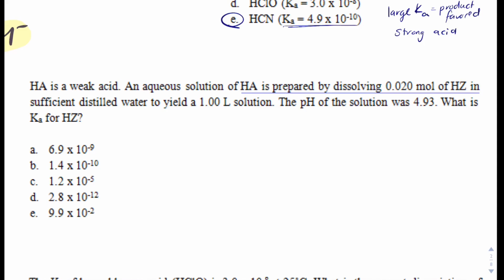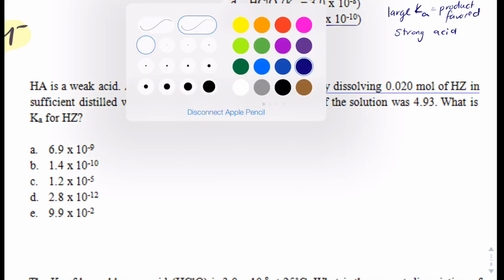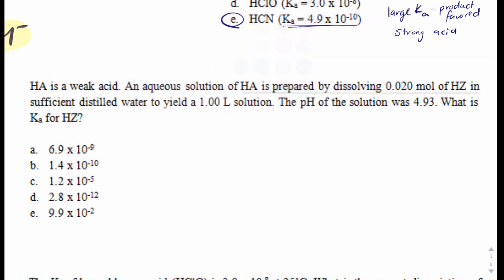Okay, so there's a typo here, but by the time that you get your paper, I will have fixed it. So this HZ needs to be HA. So we take 0.02 moles of HA, and we dissolve it in distilled water. We get the pH, and it says what is the Ka of the acid.